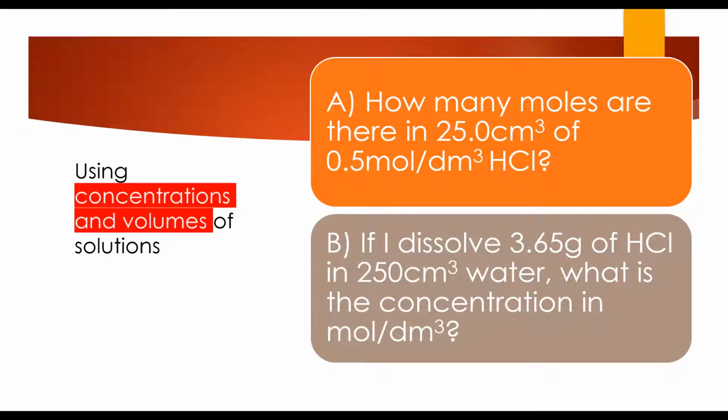Okay. In the second one, they are asking you to do something a bit more complicated. So the second one, B, is for those people who are finding this a bit too easy. So if you find A a bit too easy, B is for you, because it is saying 3.65 grams.